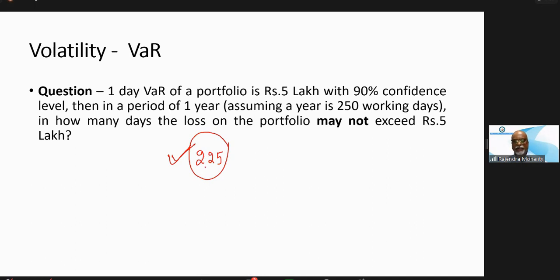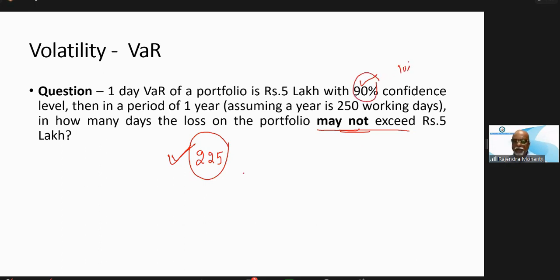This is the correct one. That's why I told you, read the question carefully and do it. The question says "may not exceed," so 225 days. May not exceed means 90%.